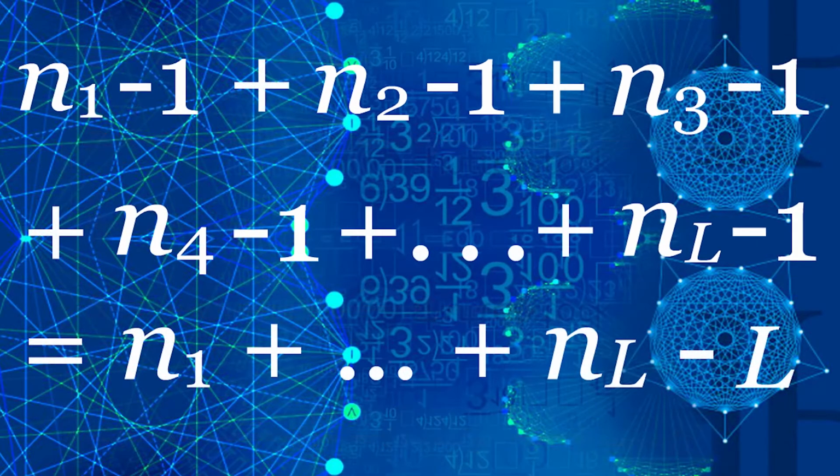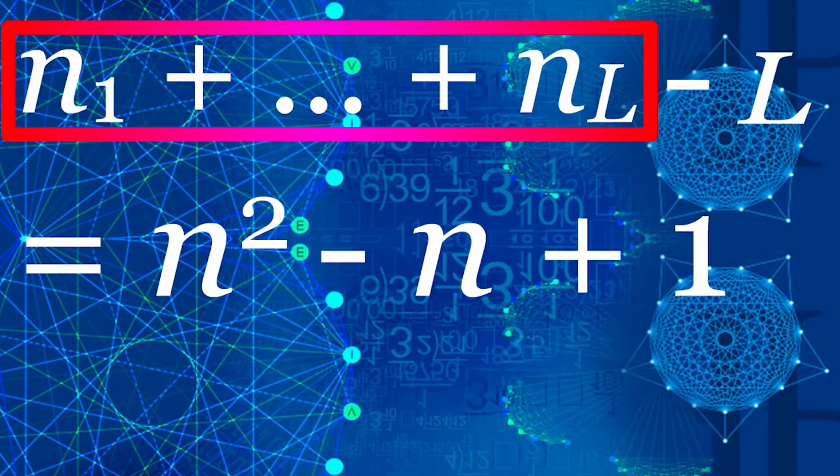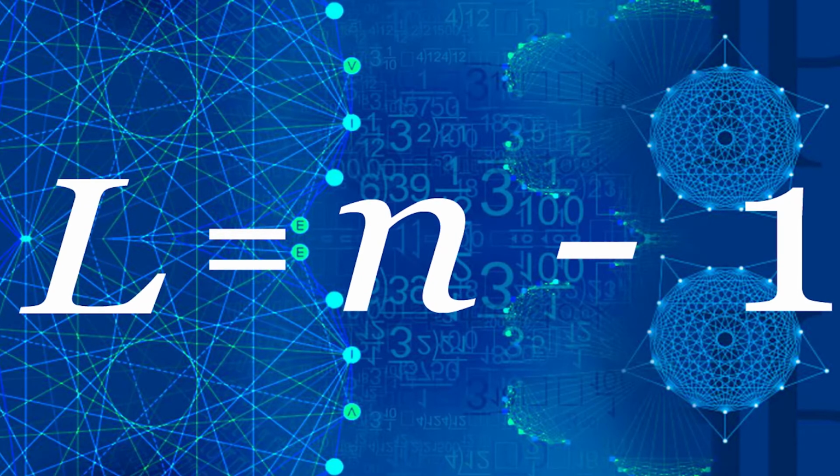Hence, we obtain the following equality, where both sides represent the number of edges in our graph. However, observe that the sum, in the left-hand side, is the number of vertices, which is equal to n square. Thus we obtain that the number L of connected components is equal to n minus 1, as needed.